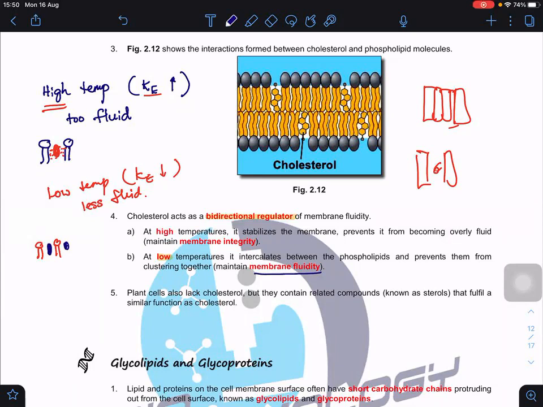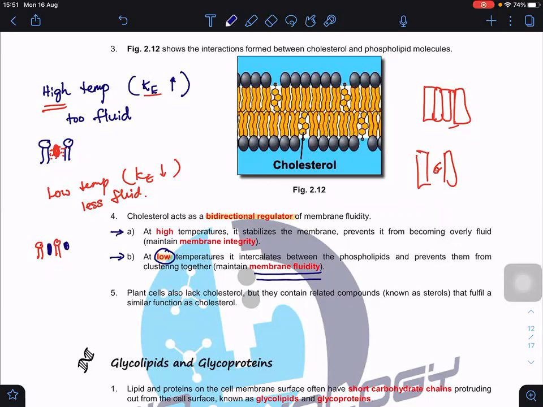So if the question asks you about the function of cholesterol, we always go for: when low temperature, they maintain or regulate the membrane fluidity, or increase the membrane fluidity. Are you clear? But if the question asks you for 2 marks, then you add the second one, high temperature.